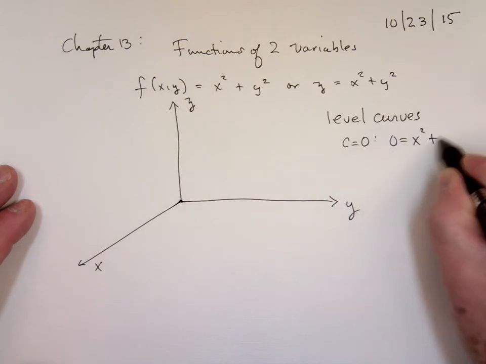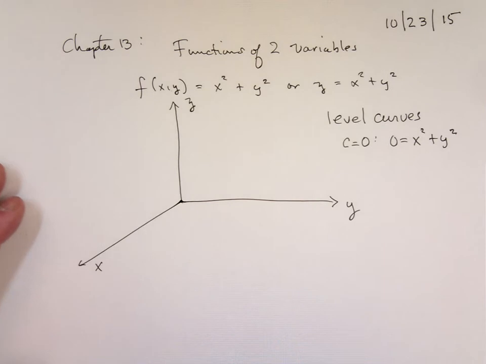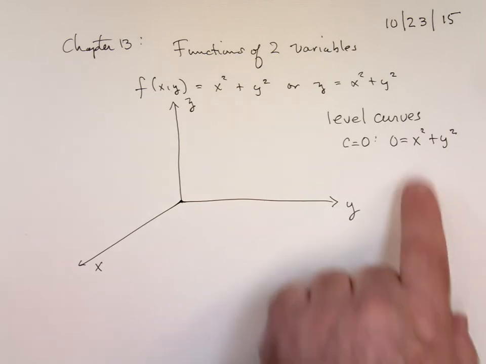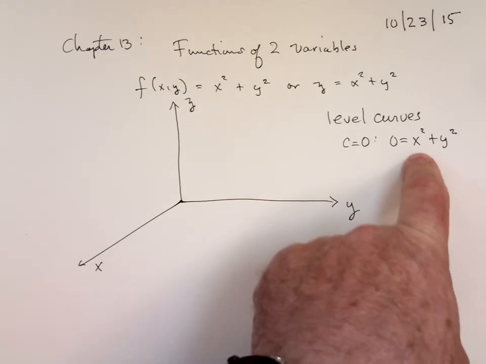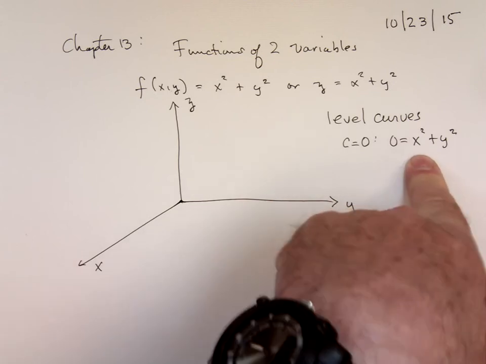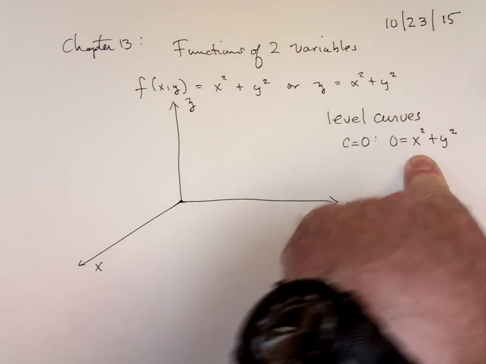What we're doing here is finding the intersection of our surface with the xy plane. The xy plane has an equation of z equals 0. What ordered pairs do we get when 0 is equal to x squared plus y squared? 0, 0. We get one single point.